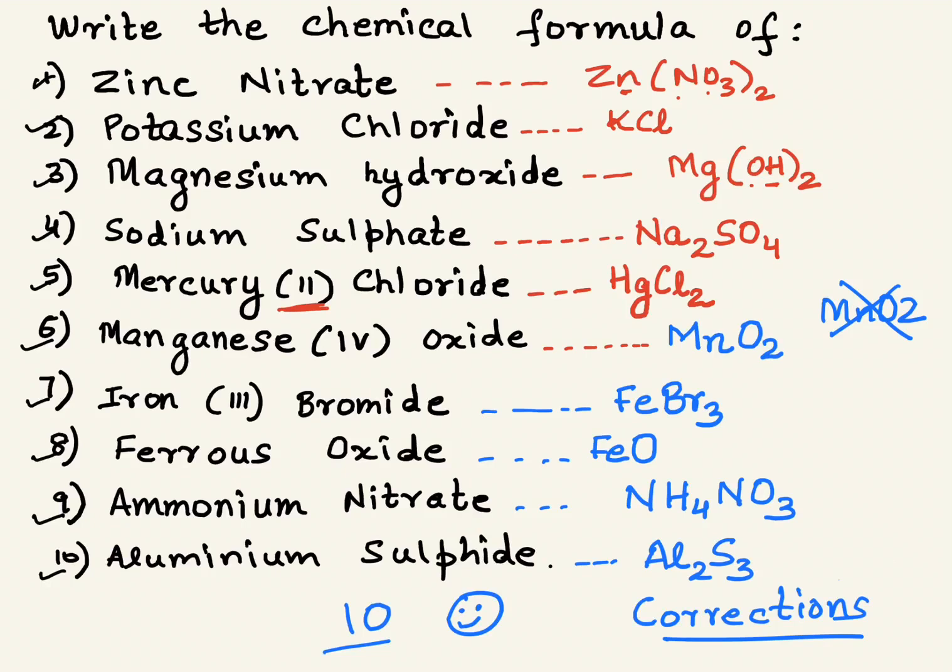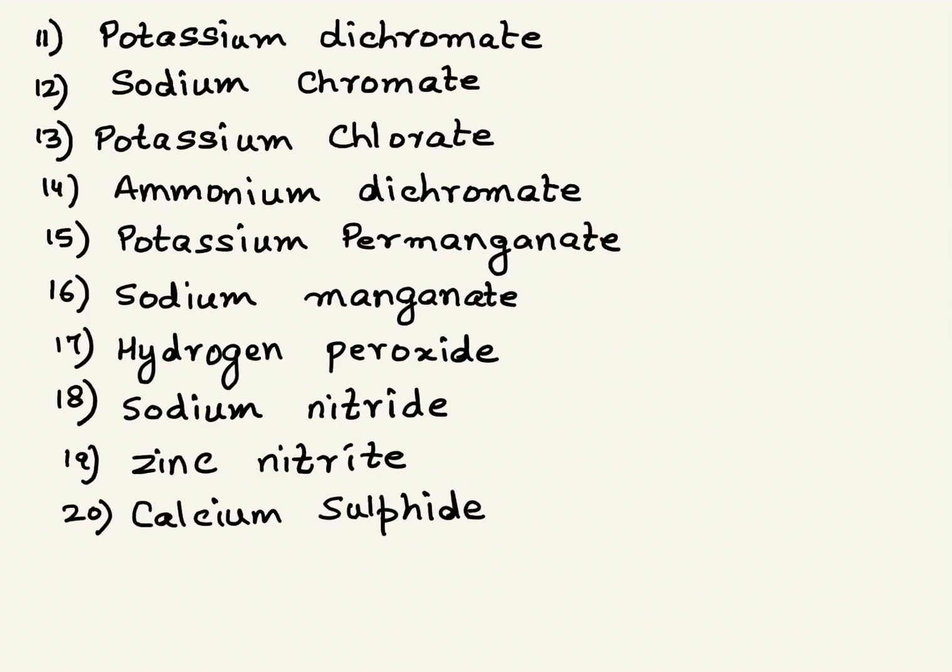Once you've done the corrections and you are confident in these basic formulas, here's another set of 10 questions to challenge you. Again, you have the questions in front of you. Pause the video, try writing the answers to these questions. Another set of 10 chemical names for which you have to write the formula.